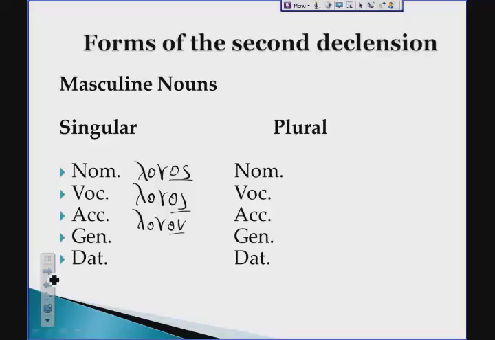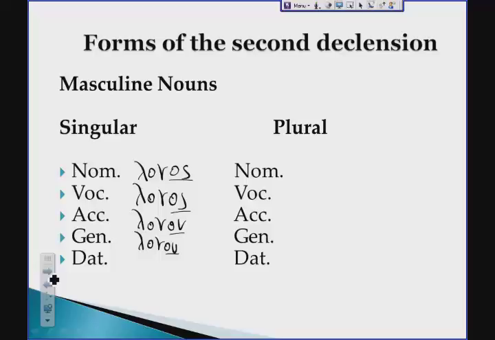Okay? The endings are changing. And as they change, the noun tells you that I'm no longer nominative. I am now a direct object. It's the same word, a word. Okay? And then you have the genitive, logu. Look at that u ending. Of a word.